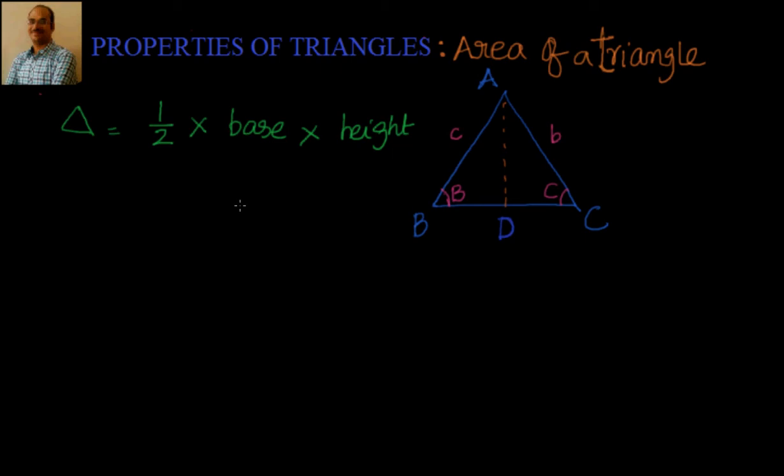Going by the same formula of base into height, I can write it as half into base a into height. What is the height? AD. Now let us see what AD is.